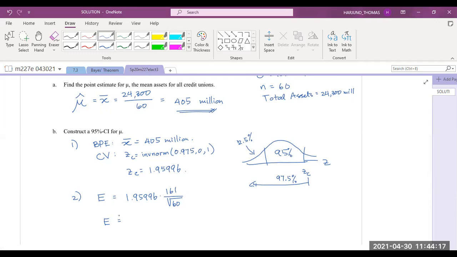So 1.95996 times 161 divided by square root of 60. That is 40.73779 in millions.